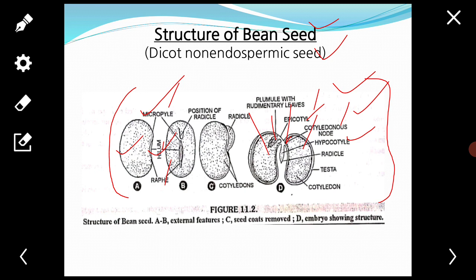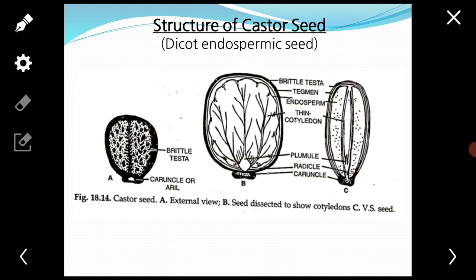Next, the structure of castor seed. Castor seed is a dicot endospermic seed. You see here, this.